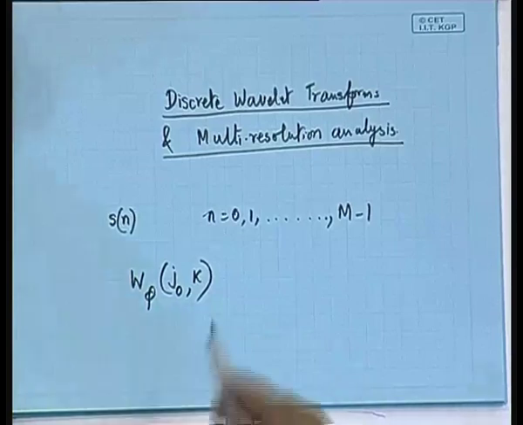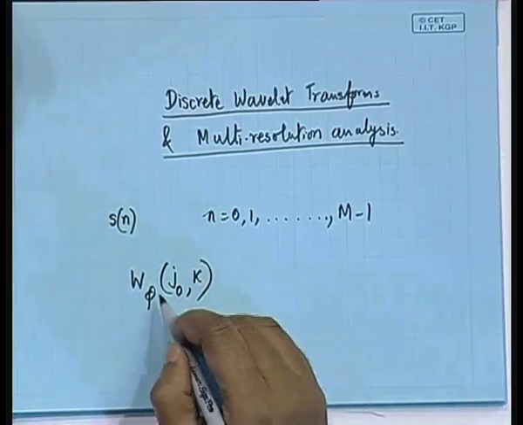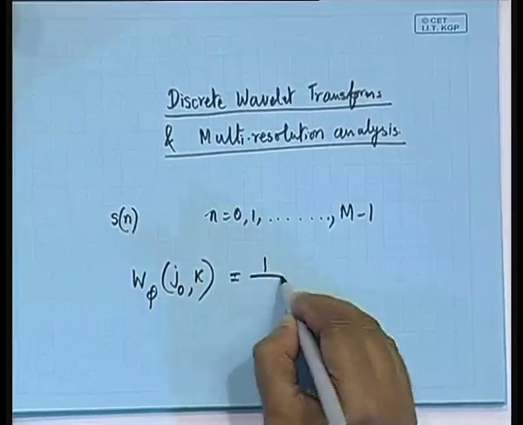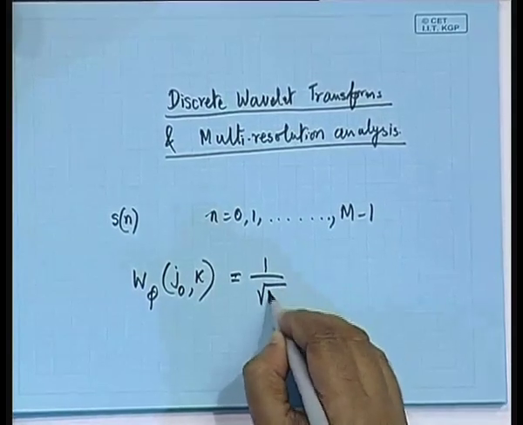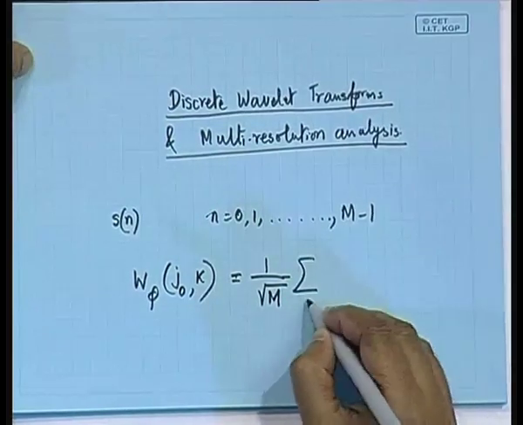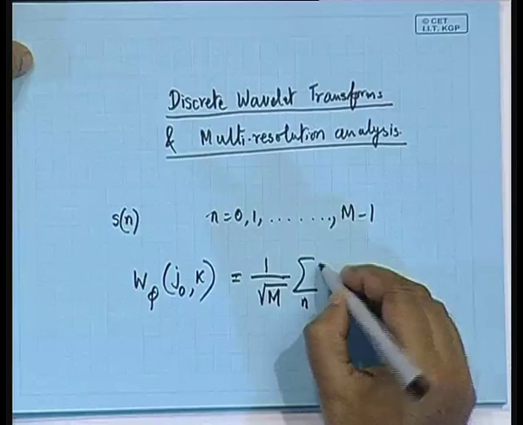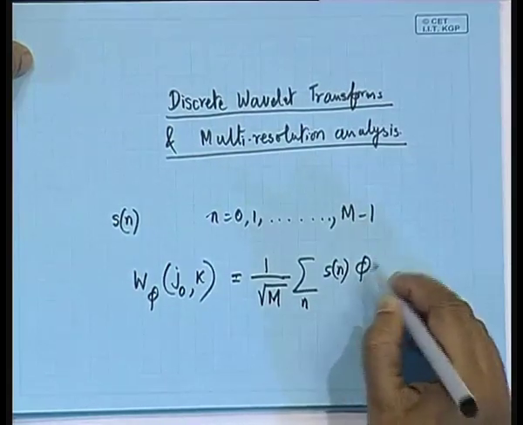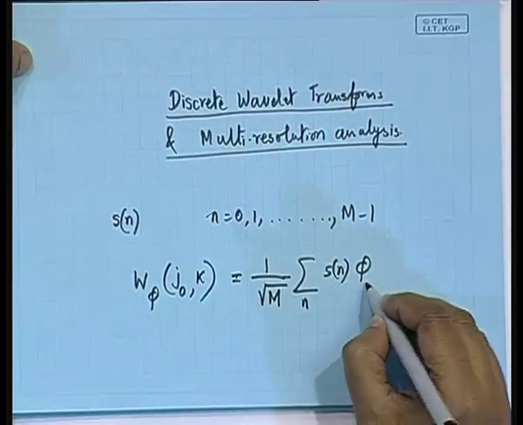So, in the discrete form I can write W phi j 0 k as 1 upon root over m, into a summation series over n S of n into phi j 0 k of n.